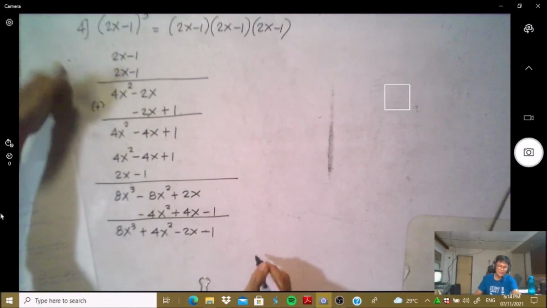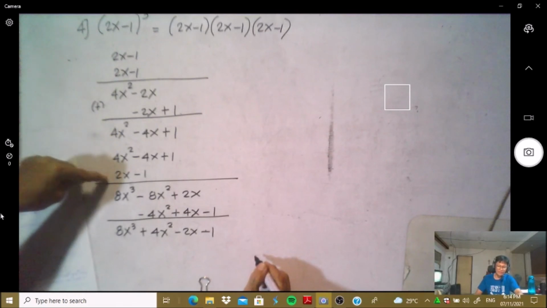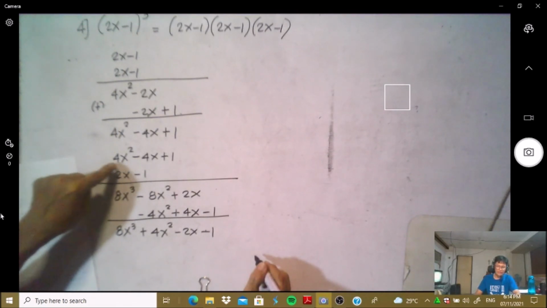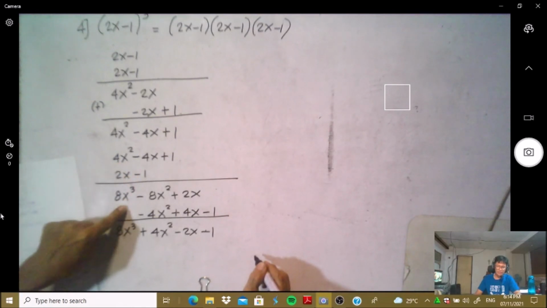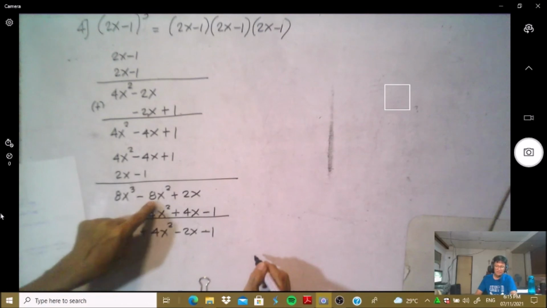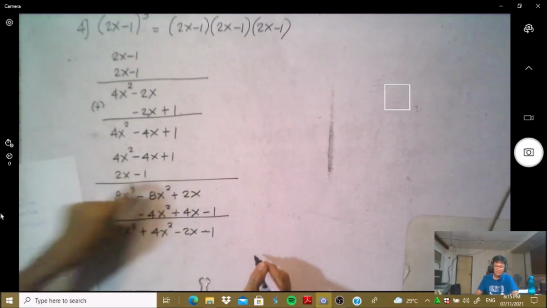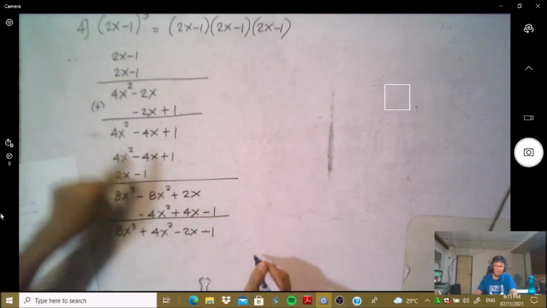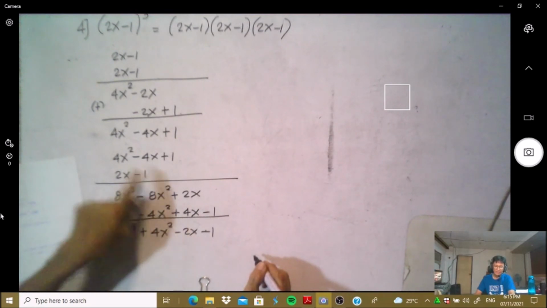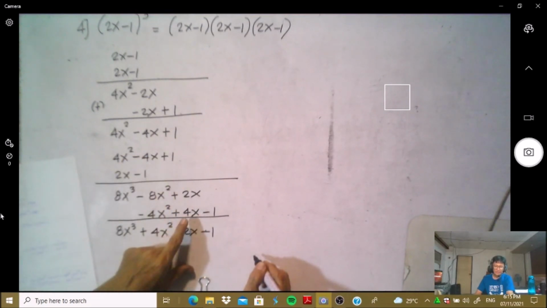We are correct there. So we have to multiply this one. So we have 2x times 4x squared is equal to 8x cubed. Then minus 2x times 4x is 8x squared. Then plus 2x. Then negative 1 times 4x squared is negative 4x squared. Then negative 1 times negative 4x is positive 4x. Then we have negative 1.